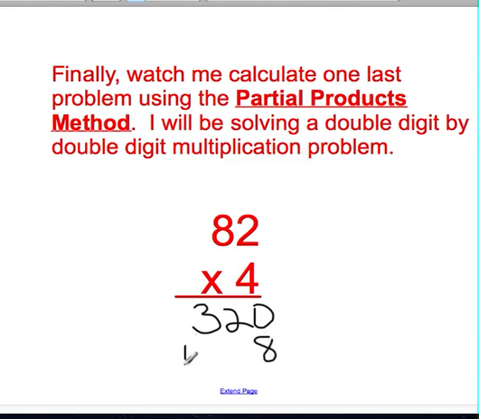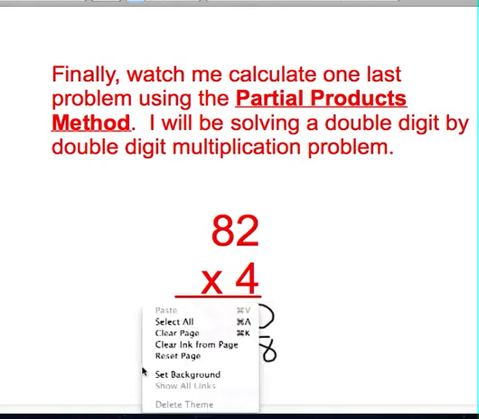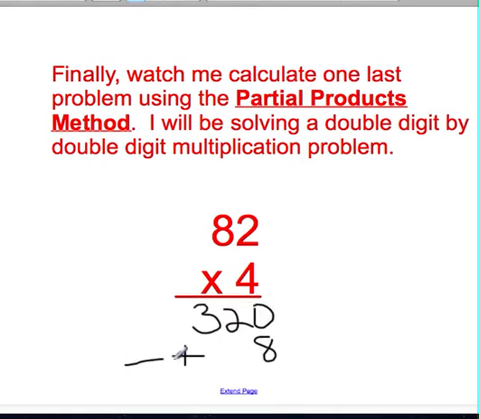And then we're going to add them up. 0 plus 8 is 8. 2 plus 0 is 2. And 3 plus 0 is 3. So the product for this, 82 times 4, is 328.